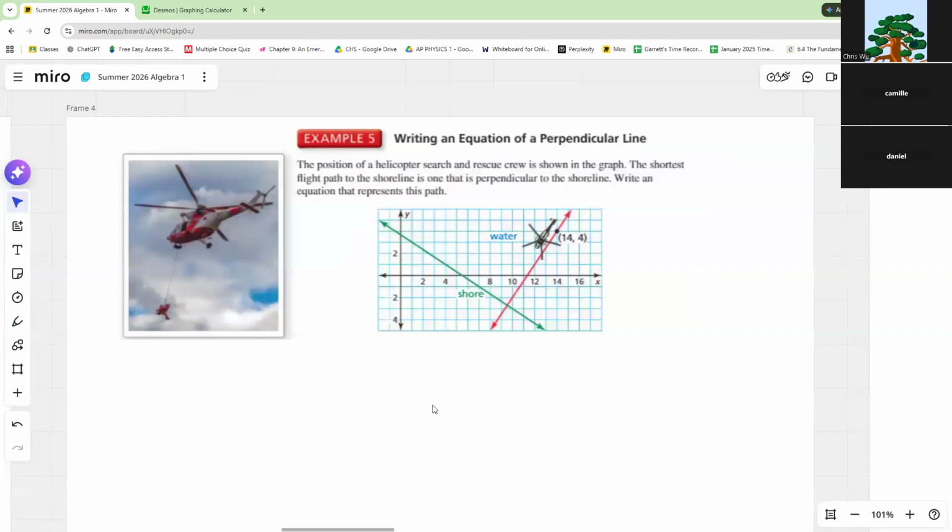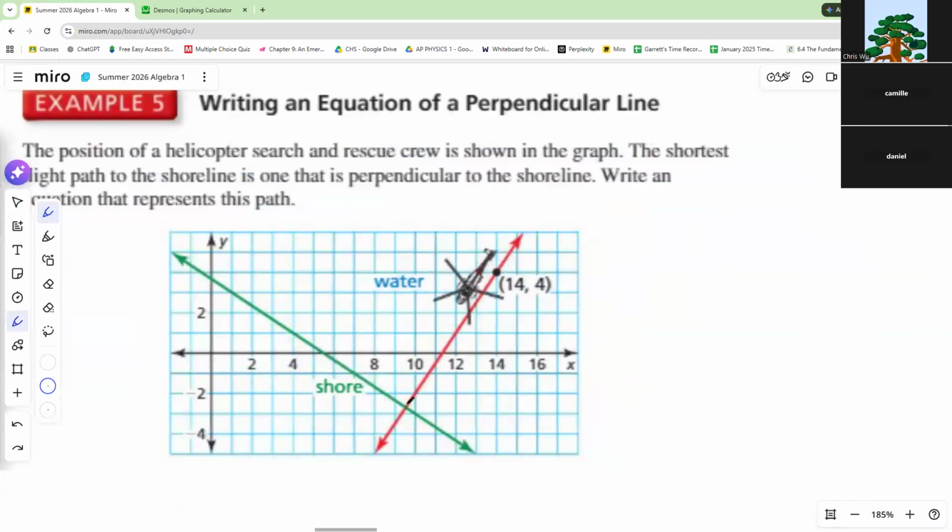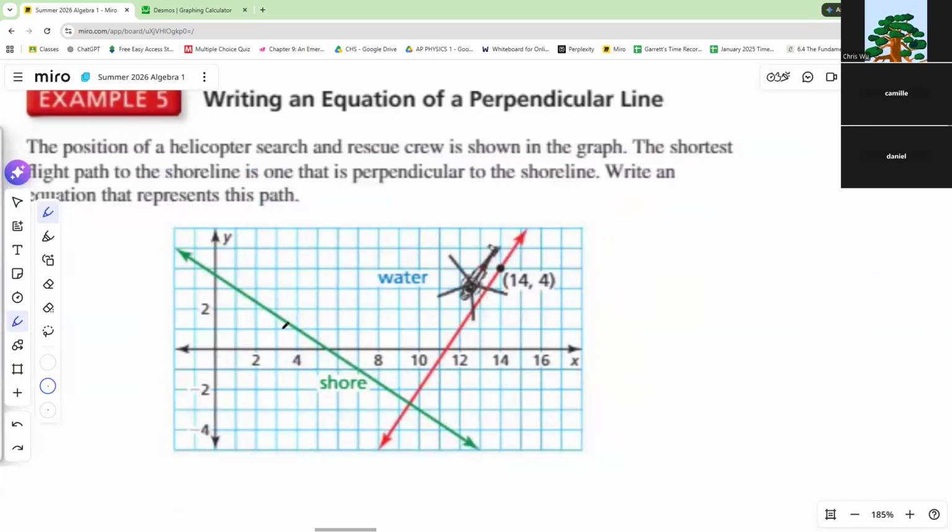If the shore is the one done in green, we're going to try to write an equation that represents this particular path. Notice that in the passage, they did not give us any points, right? However, in the picture, I do get some coordinates. In particular, I know my current location of the helicopter is at 14, 4, but I'm trying to get to the shore as quickly as possible to get water, maybe.